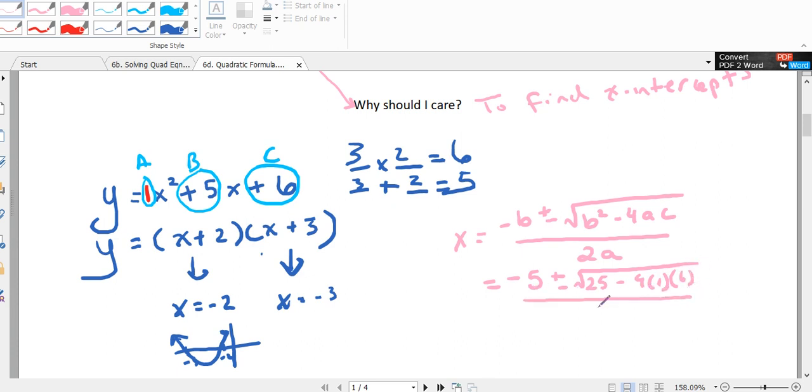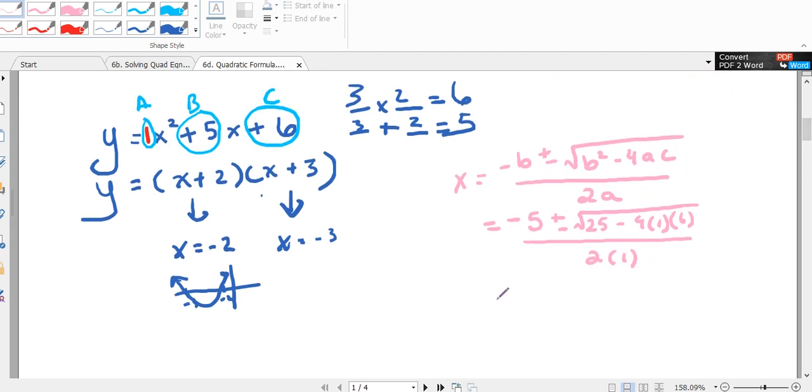Divide all that by 2 times a, 1. Okay. And what do we get? Negative 5 plus minus 25 minus 4 times 1 is 4 times 6 is 24, divided by 2 times 1 is 2.